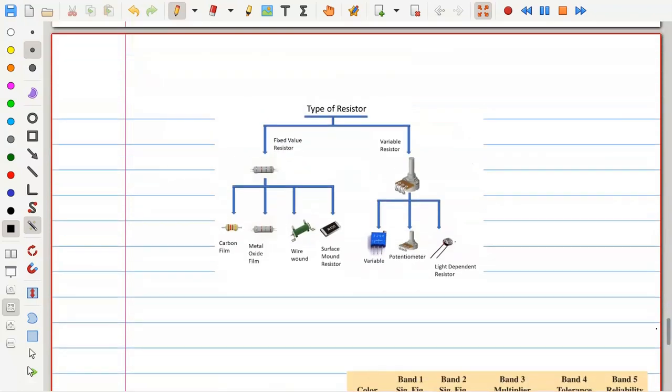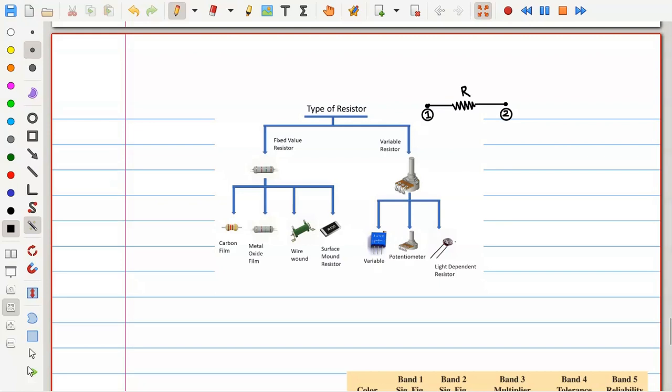Right. So now let us see the various types of resistors. Prior to that, I would like to give the resistor circuit or schematic symbol in this way. The resistor symbol is represented in this way. Usually it has two terminals.